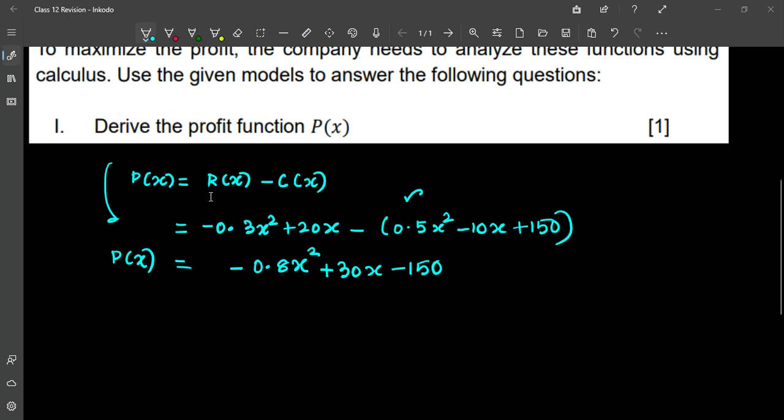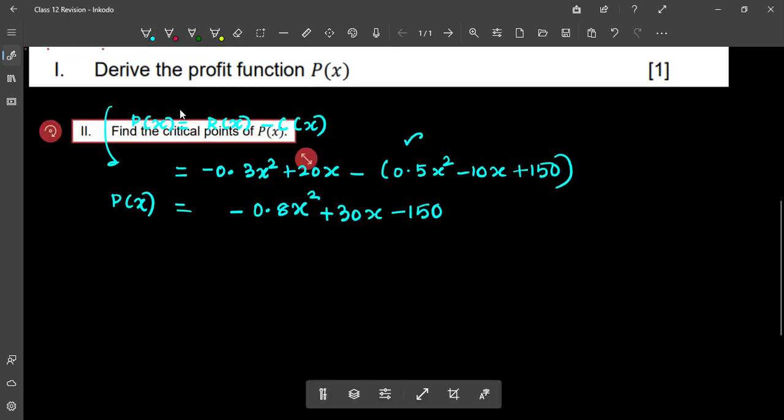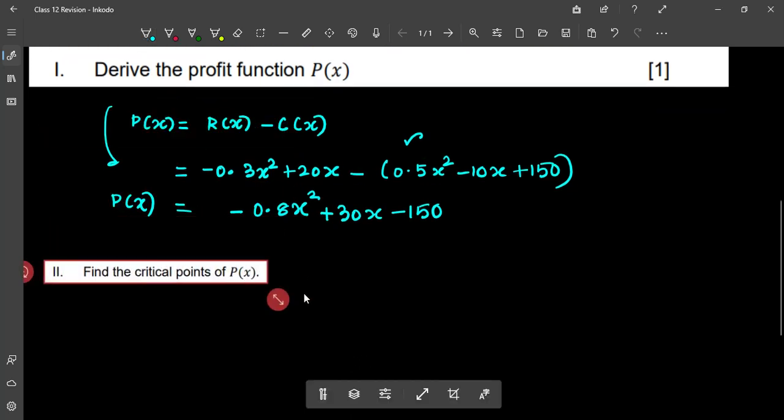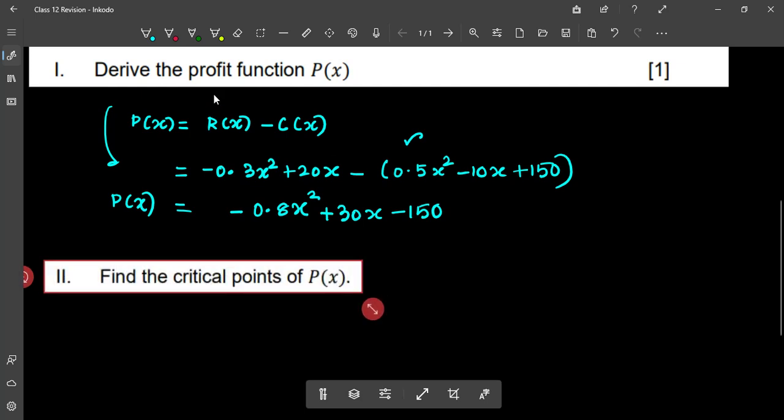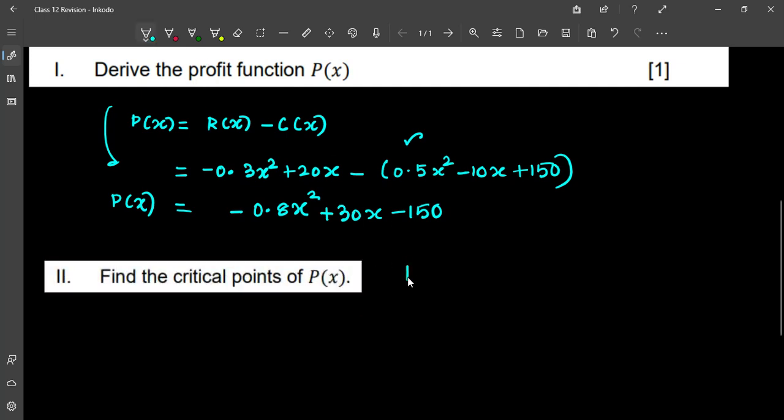Find the critical points of P of X. In order to do this, we need to find P dash of X and equate it to 0. So that would be minus 1.6x plus 30 is equal to 0.